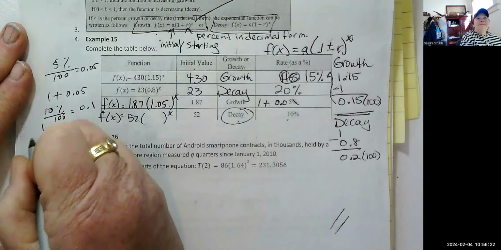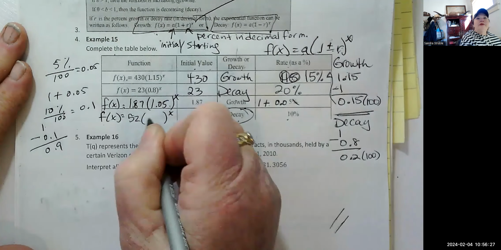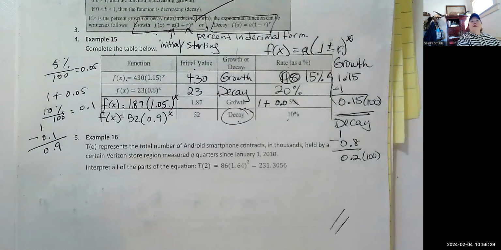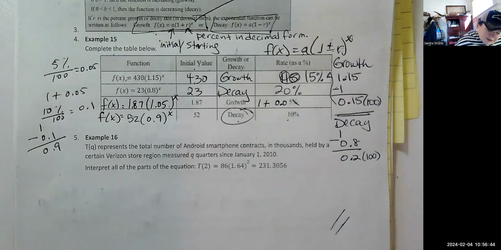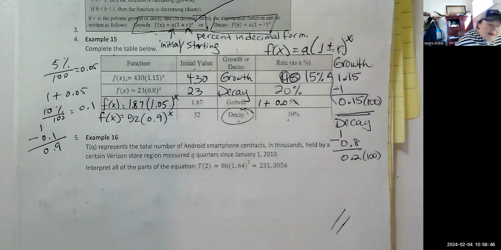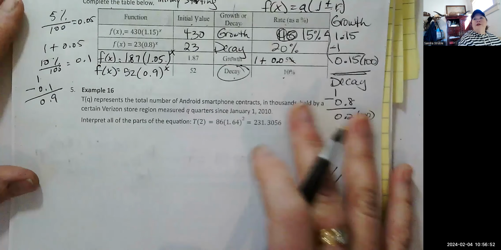So 1 minus 0.1 is 0.9, and that's what goes inside of the parenthesis. I think that's it for that one. Is that correct? 1 minus 0.1. Just to make sure my math is correct here, just because I'm worried. Okay, all right, good.